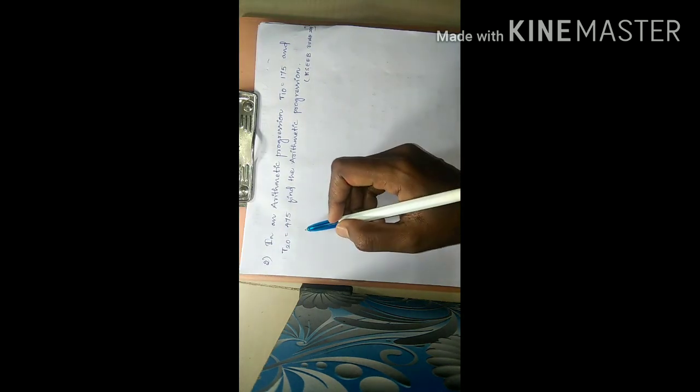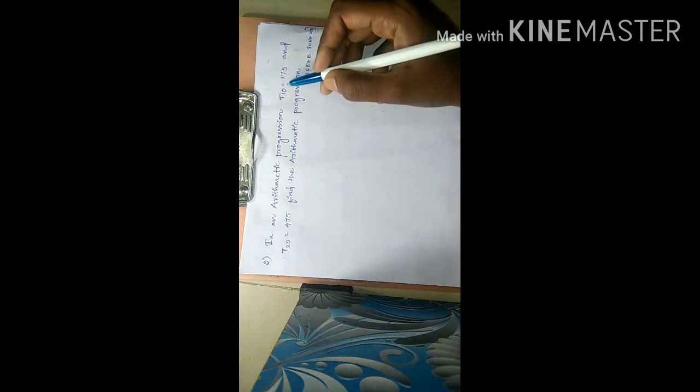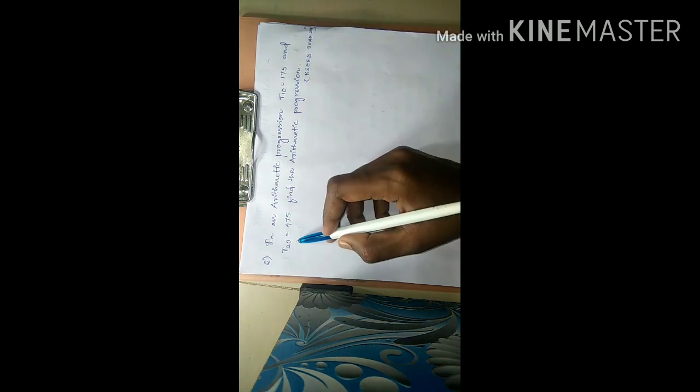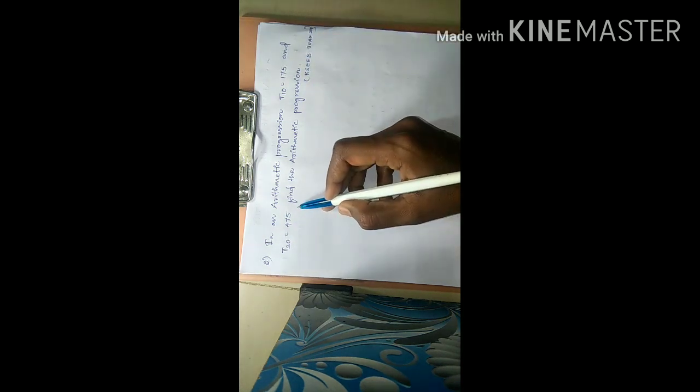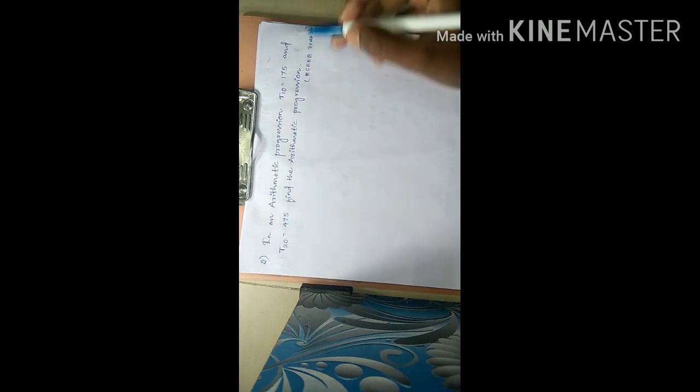This is example number 2. In an arithmetic progression, T10 is equal to 175 and T20 is equal to 475. Find the arithmetic progression. This question was repeated in June 2011.